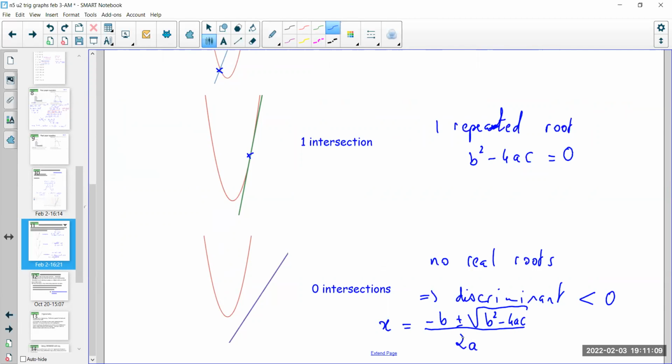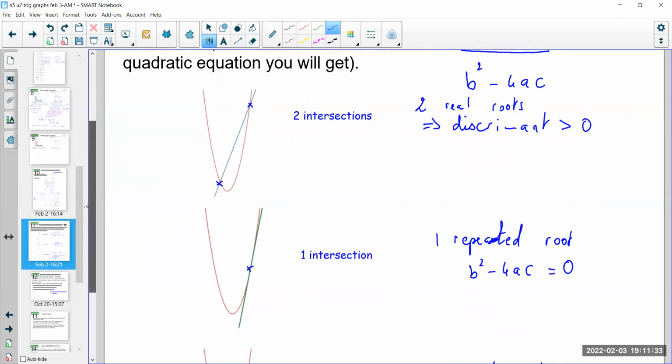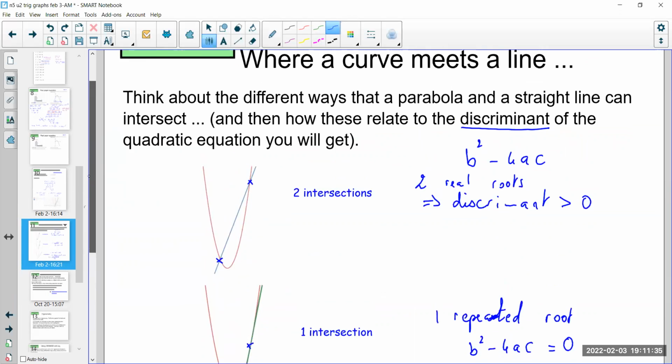So you don't need to remember this by heart. If b squared minus 4ac is negative, we can't take the square root of a negative number, so you just write, I've got no real roots. If it's 0, you've got a repeated root. And if it's positive, you've got 2 real roots. So if you've done that lesson on discriminant, you would have seen these.